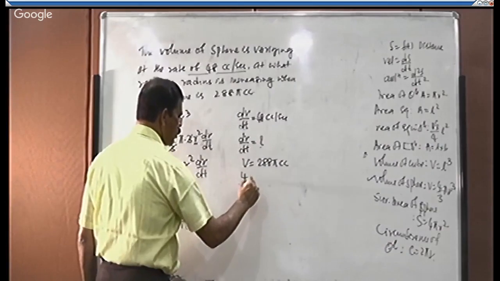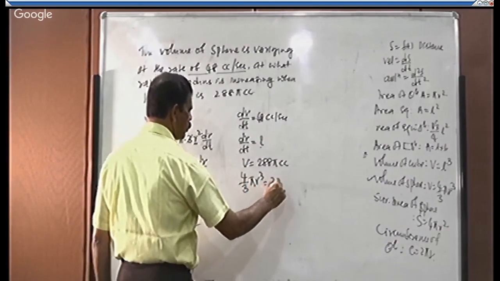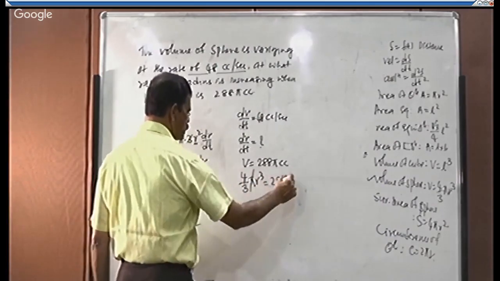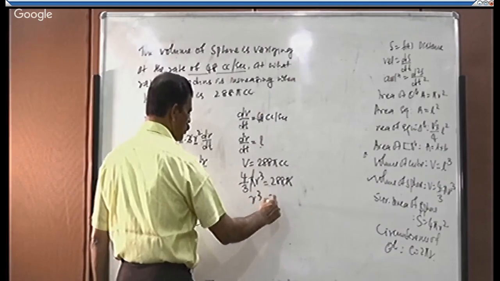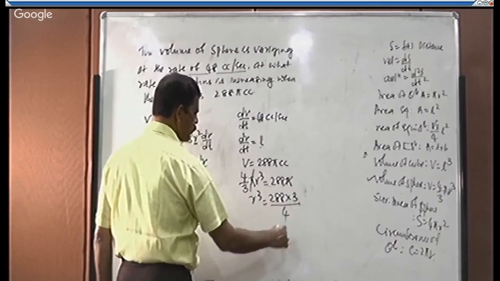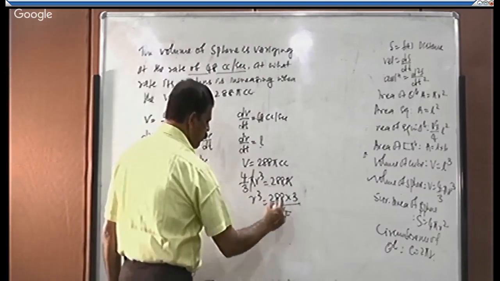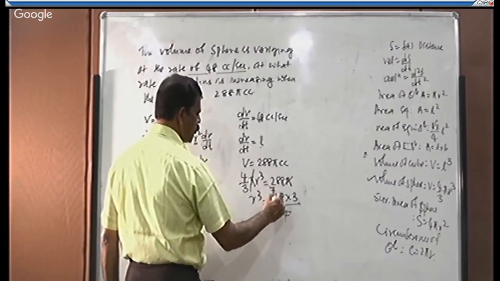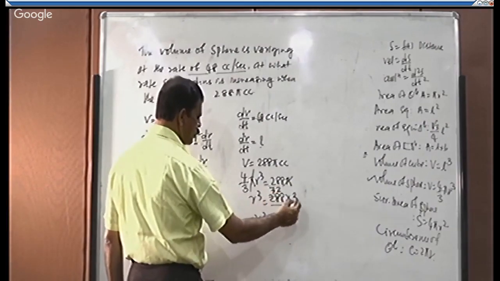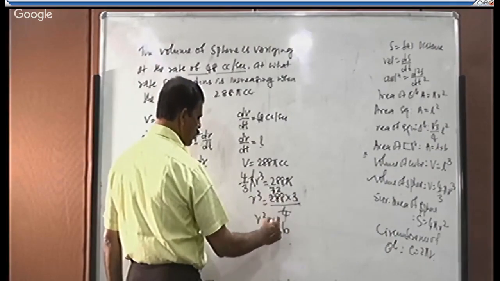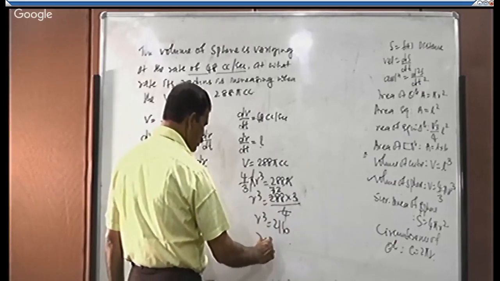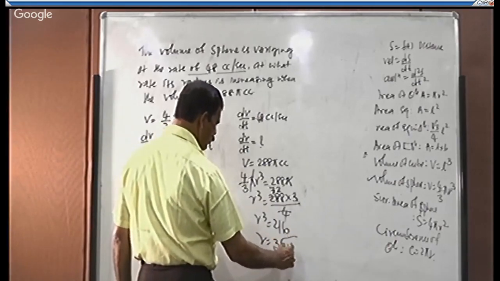4 by 3 pi r cube is equal to 288 pi. Pi cancels. r cube is equal to 288 into 3 divided by 4. 4 7 is 28, 4 2 is 8. Then r cube is equal to 72 into 3, which is 216. Therefore, r is equal to the cube root of 216.